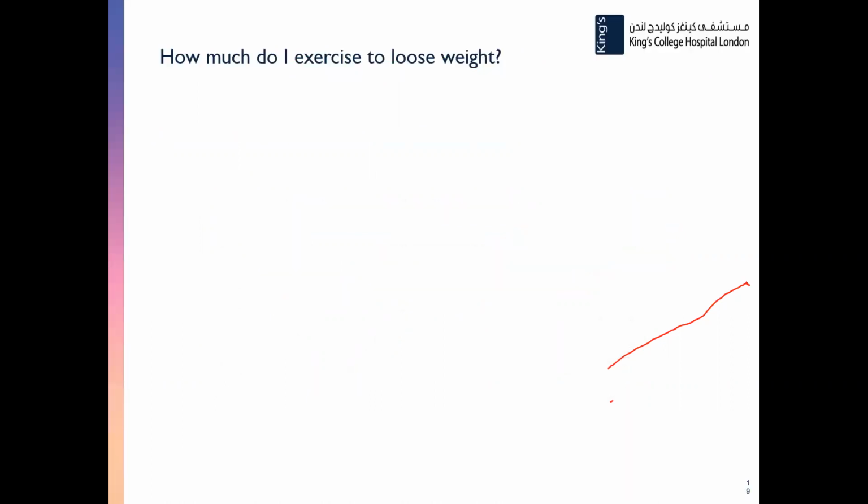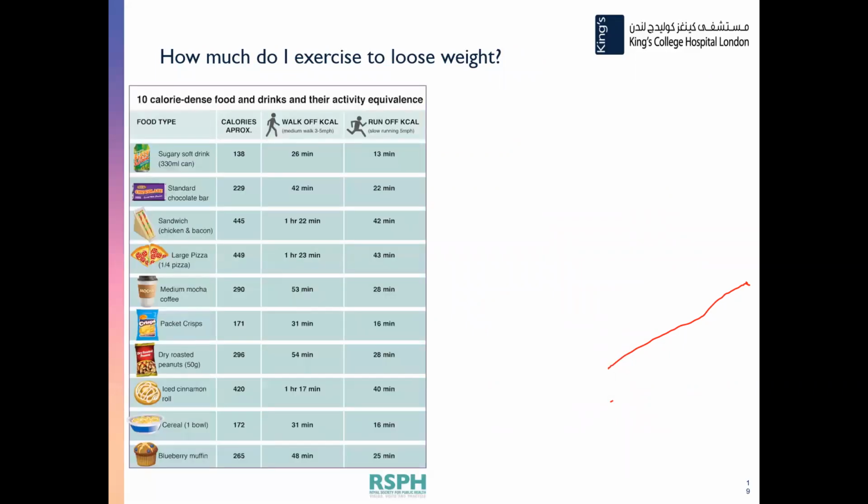How much do I exercise? A lot of my patients ask this, and what I normally do is tell them this. Look at this now. A coffee that all of us have about twice a day is 300 calories. A slice of pizza, if you manage, is around 250.